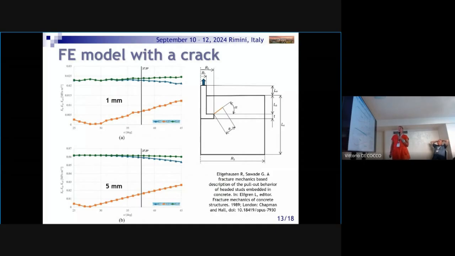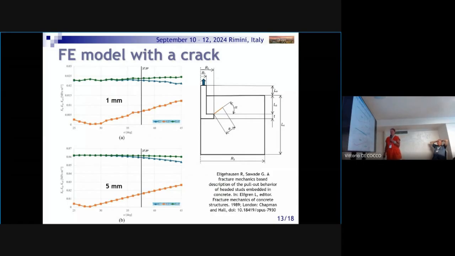We can see that K1 decreases a little bit when the crack starts to be more vertical. On the other hand, the values of K2 start to increase from the angle of about 28 degrees.